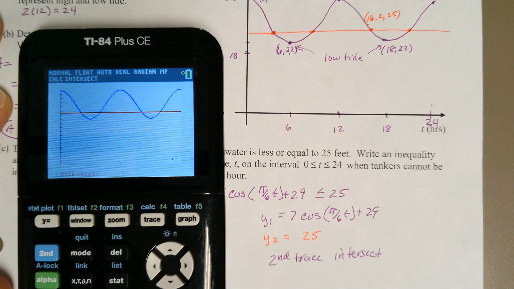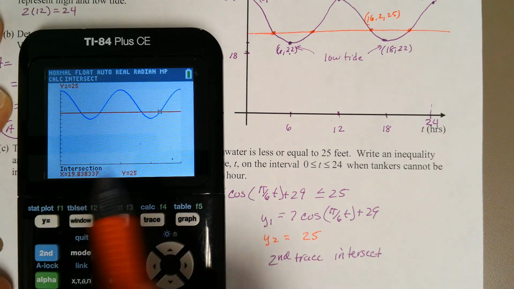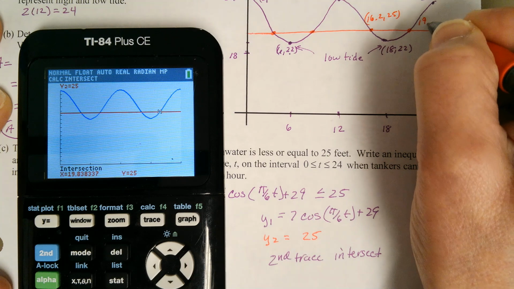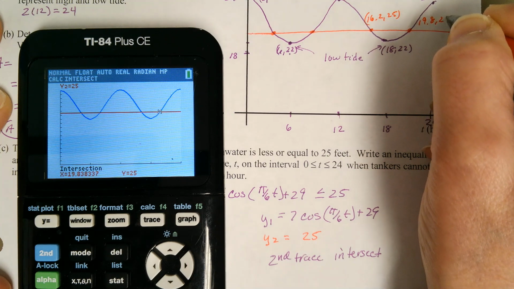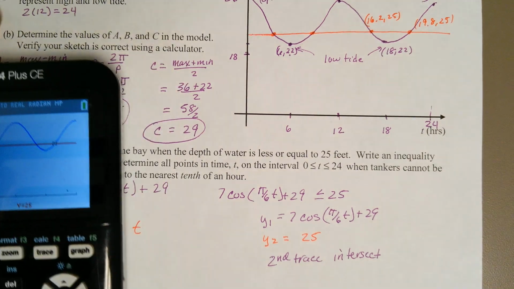Second trace, number 5. Enter, enter. For the guess, move closer to the other point. 19.8. So that's one interval of time.